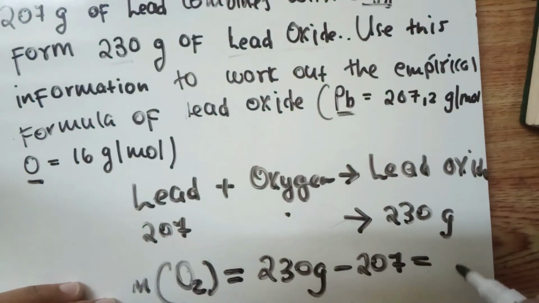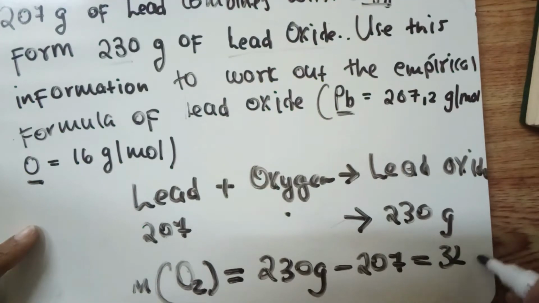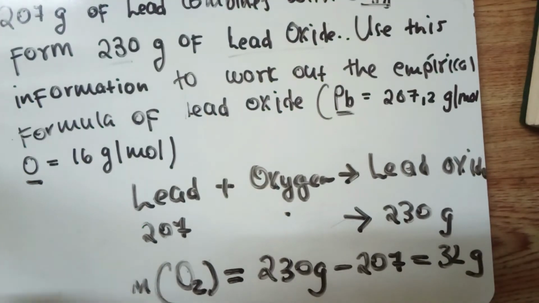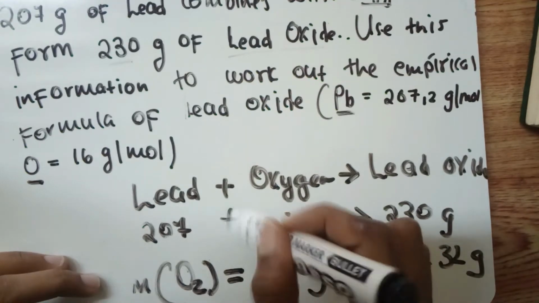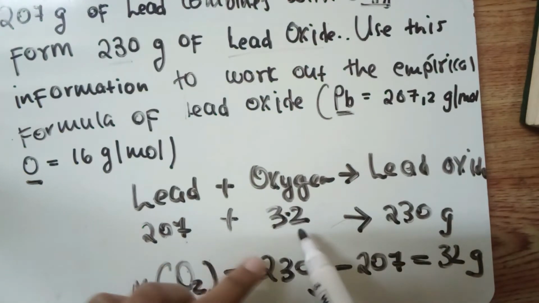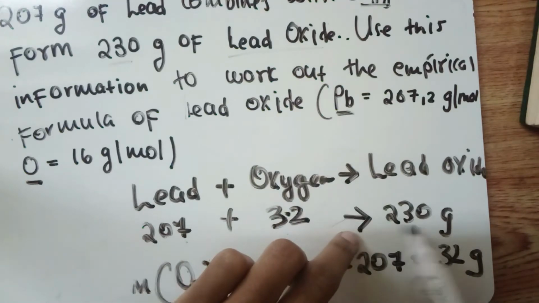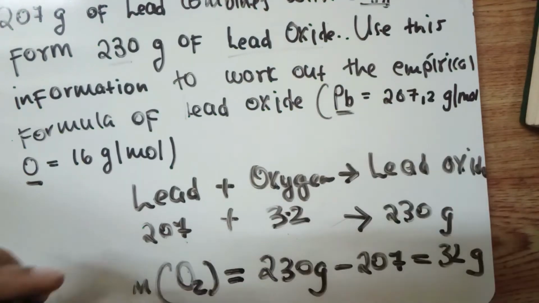And I think the value that you come to is about 32 grams. You can always check these answers on your calculator, right? So now we have the value of 32 grams. So 207 grams of lead reacts with 32 grams of oxygen to produce 230 grams of lead oxide.